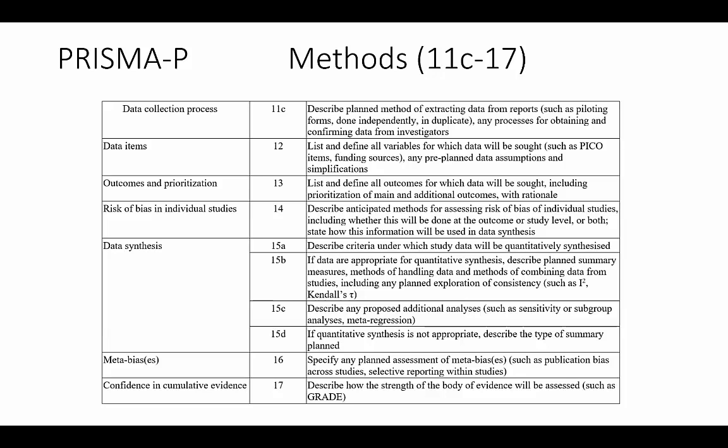Now, of course, not every group will go through the Prisma P and totally write out everything, and that's fine too. My requirement is that they've worked out their data extraction, their appraisal, and of course their screening as well. Once they have that worked out, then I go ahead and work with them on the next parts of the searching.